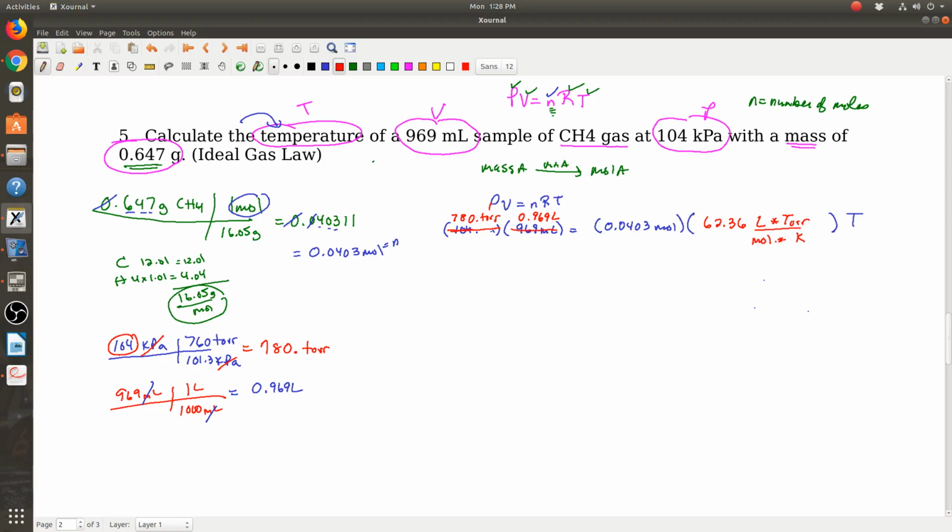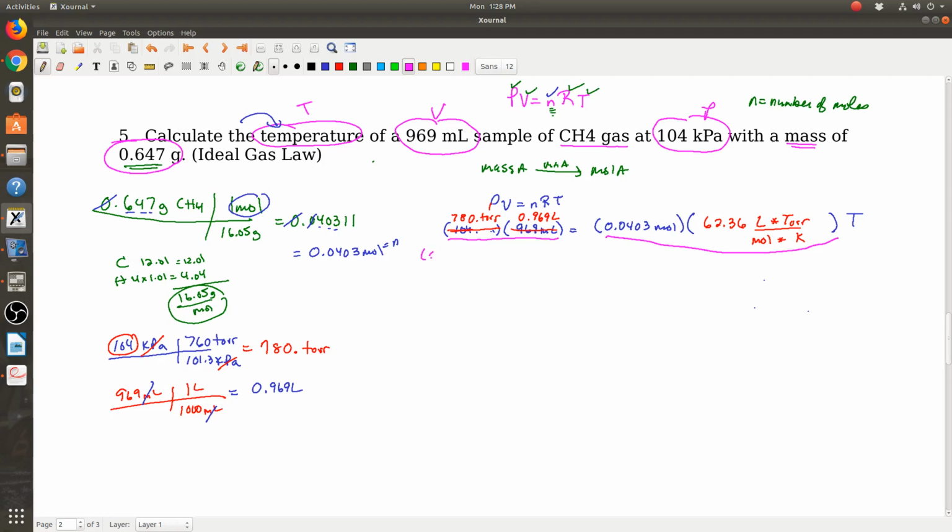All right, now you see that I've got it all put in place. Now I just need to solve for T. So this one looks complicated at this point, but all you got to do is divide both sides by both of these things.